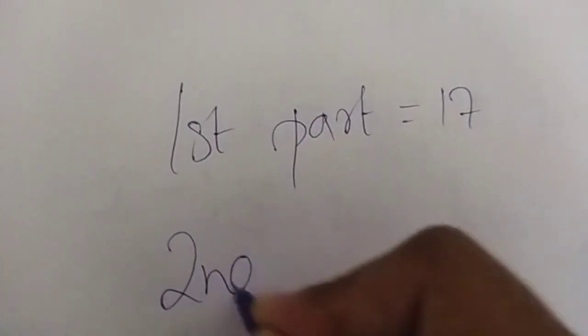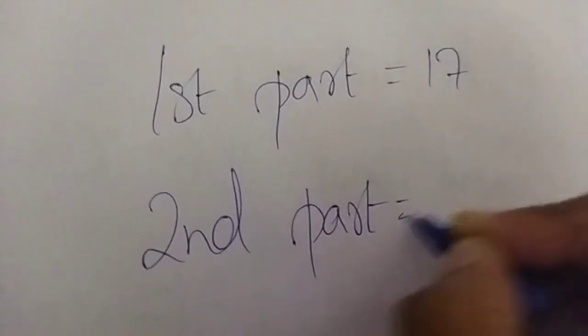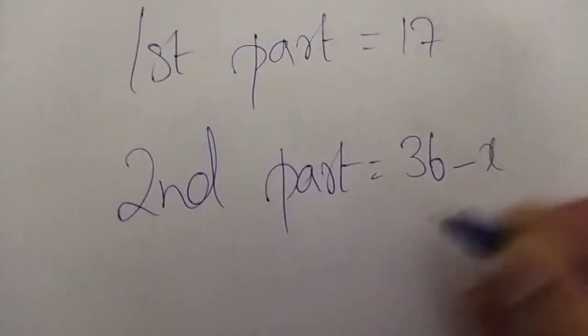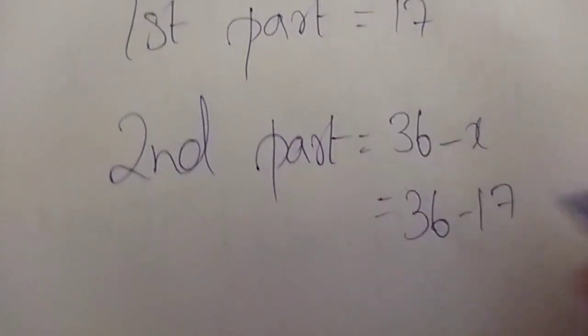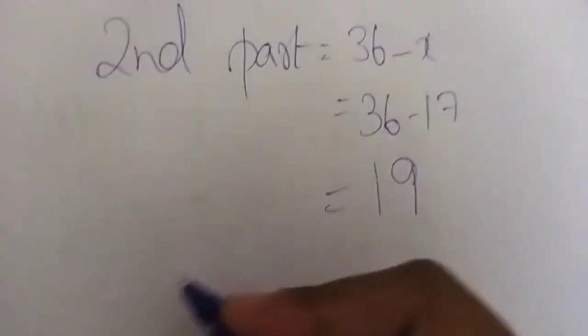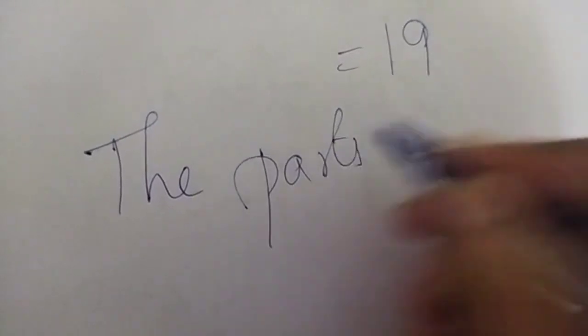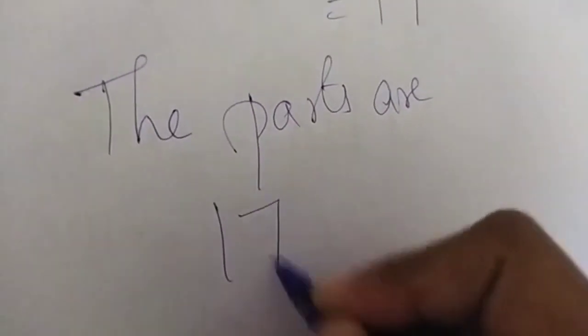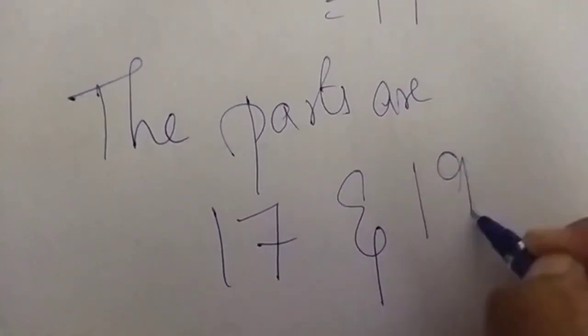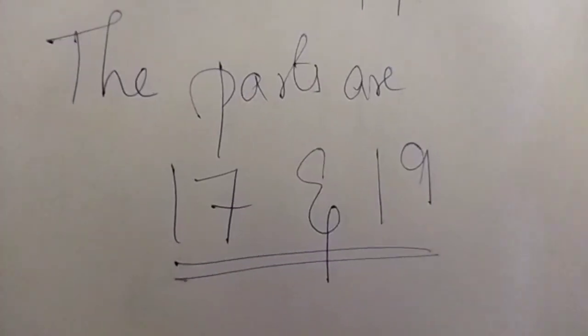Second part is equal to 36 minus x, so 36 minus 17, which is nothing but 19. So the parts are 17 and 19. So let's go to next sum.